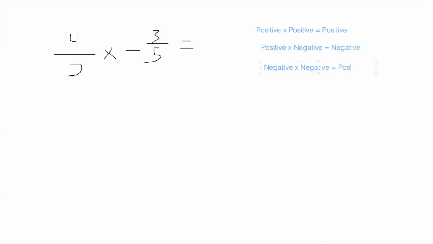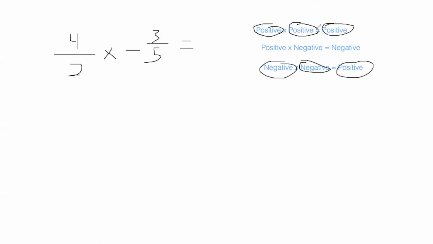equals a positive. The easiest way to remember this is if you're multiplying or dividing by the same thing, like positive times a positive, it's going to be a positive. If you're multiplying negative times negative, it's still a positive.